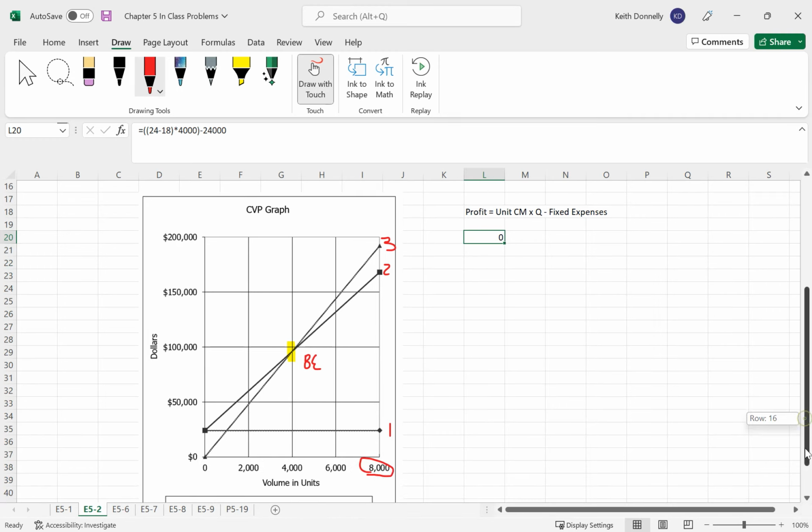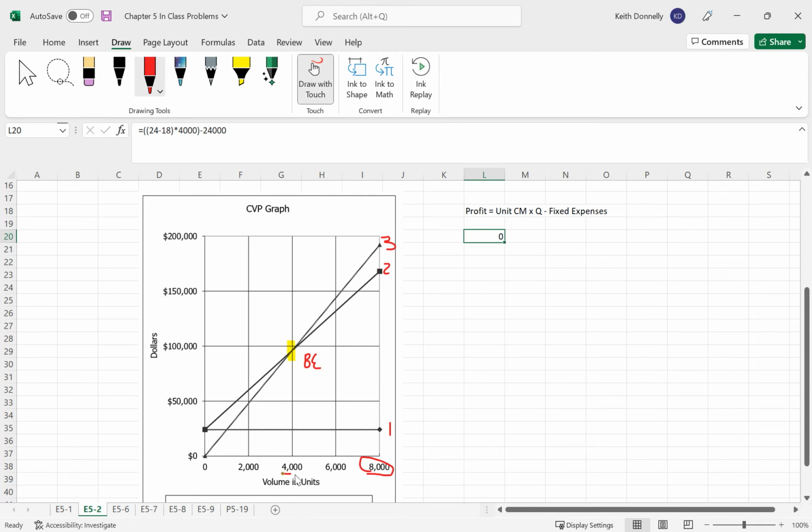And the idea with it is that's at 4,000 units of sales. Okay? So this is just showing you the idea of it.